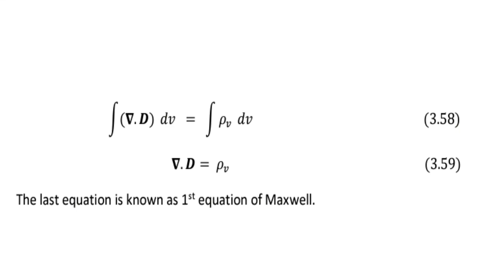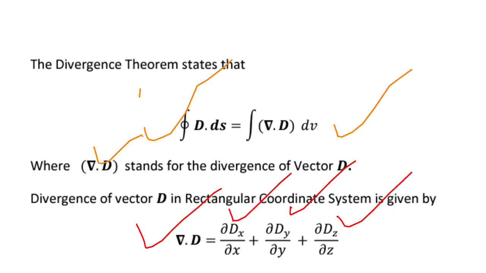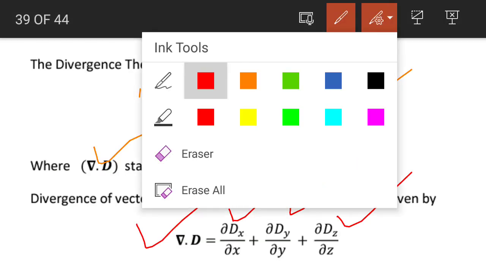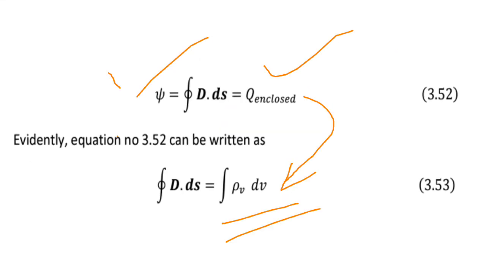So we put the value in this particular equation. You see, we know that this integration can be replaced by this integration, and we put the value over here in equation number 53.